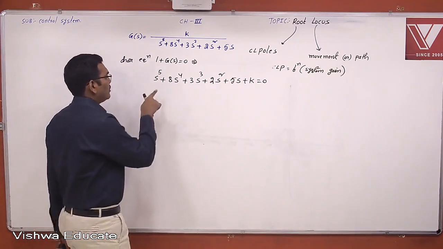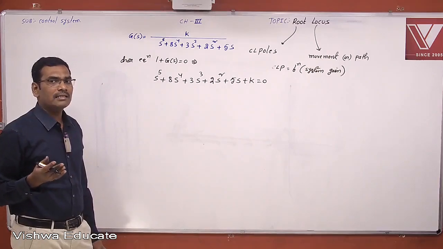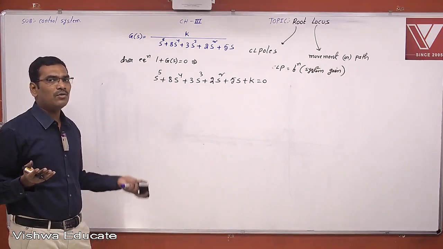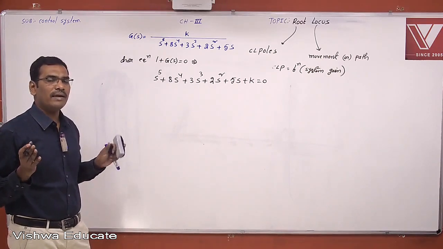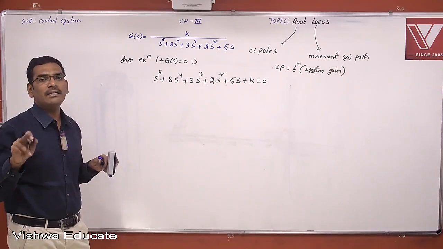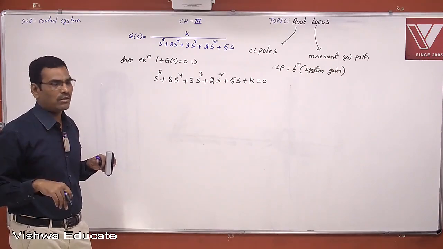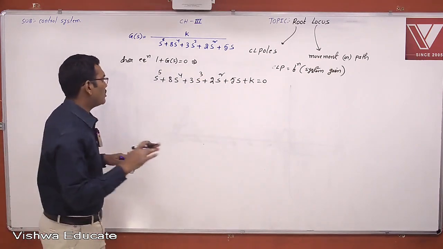Now what is the problem you are facing here? The order is increased. When the order increases, I don't know the exact poles location, and I can take the help of RH criteria to find the system stability. And RH criteria has a limitation that it does not give the exact poles location. But for drawing the root locus diagram, I want the exact poles location.